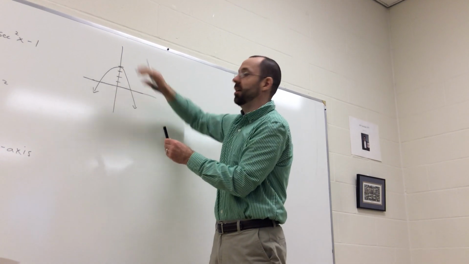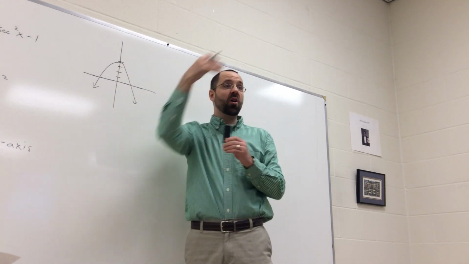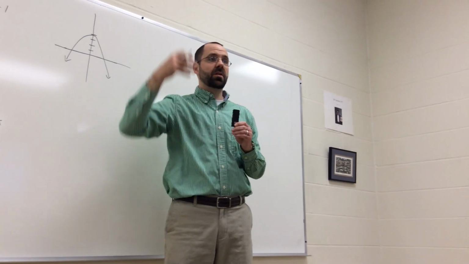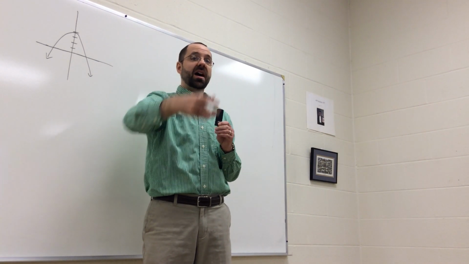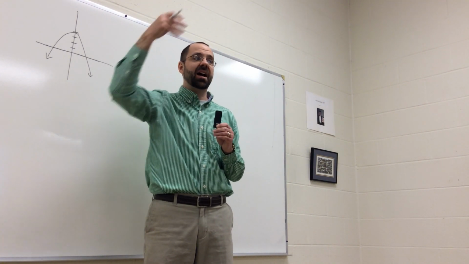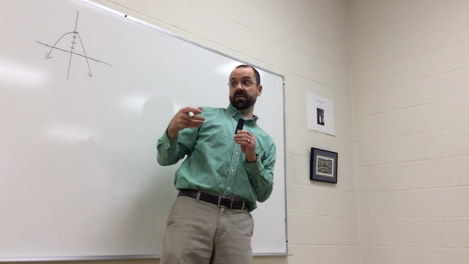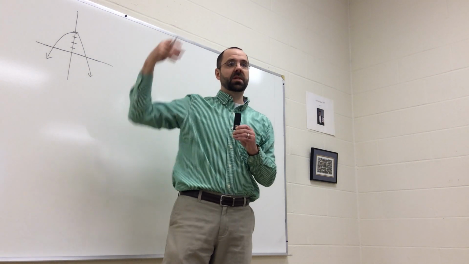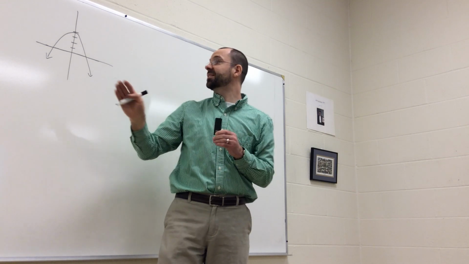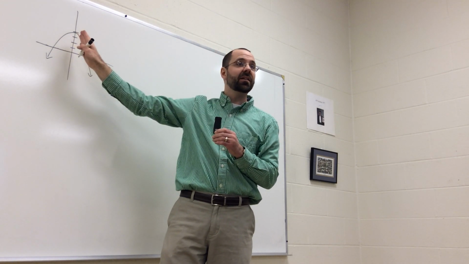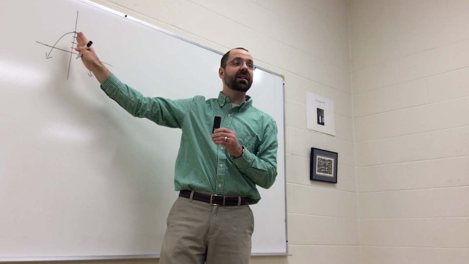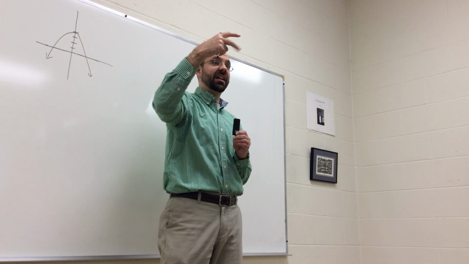Okay. All right, so when we revolve this way, do we see circles from the top or do we see circles from the side? We see circles from the side, right? So that means that we need to slice it this way so that when we look at our slice, it's circular.